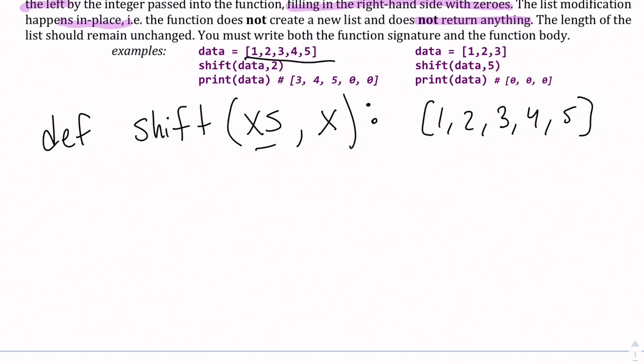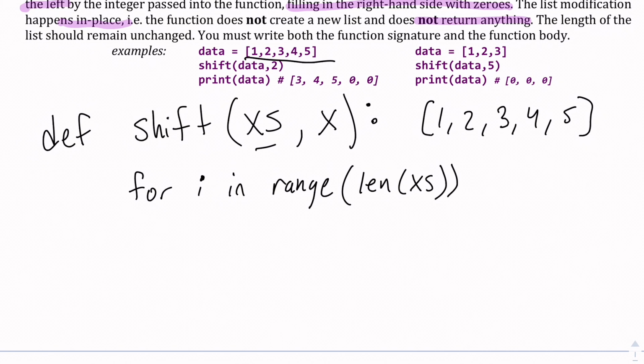So what we're going to do is loop. Let's write for I in range length of x's. So I'm going to start at the very beginning index of this list and test: if this I, this position, plus this shift, is a valid index in the list, right?